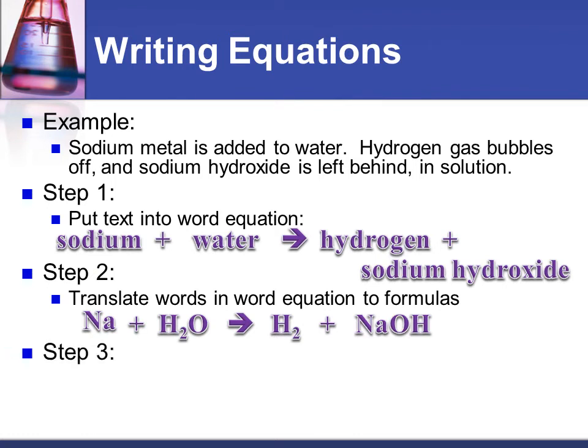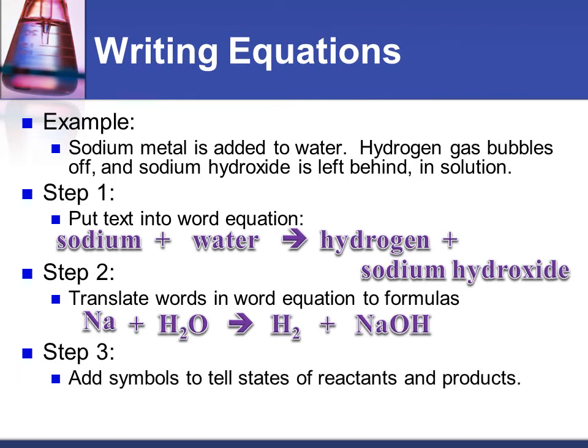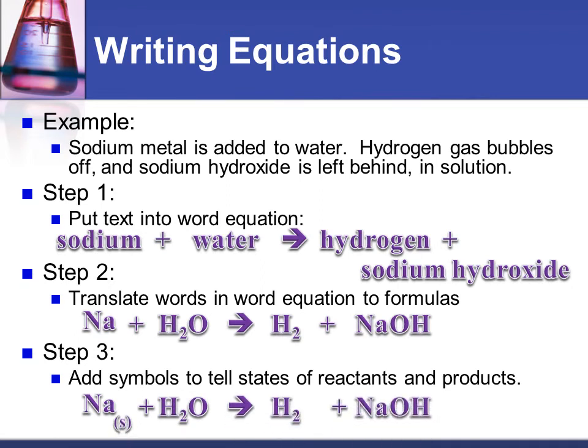Our last step is to fill in all the symbols that tell us the state of the reactants. Let's read about sodium one more time. Sodium metal. Is a metal a solid, liquid, or gas? Obviously a metal is a solid. I'm going to copy that equation down. It says water. It doesn't tell us what water is, but obviously water's a liquid unless it tells us otherwise; they would say steam or ice if it wasn't.